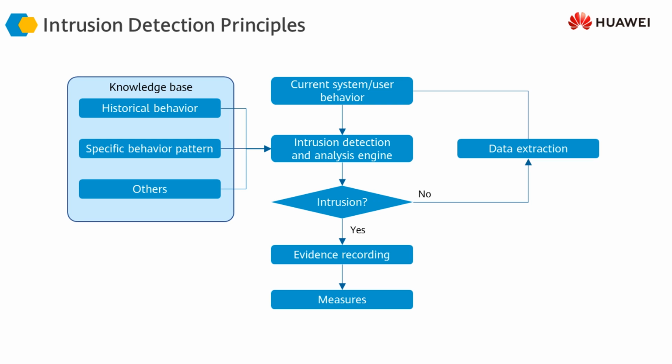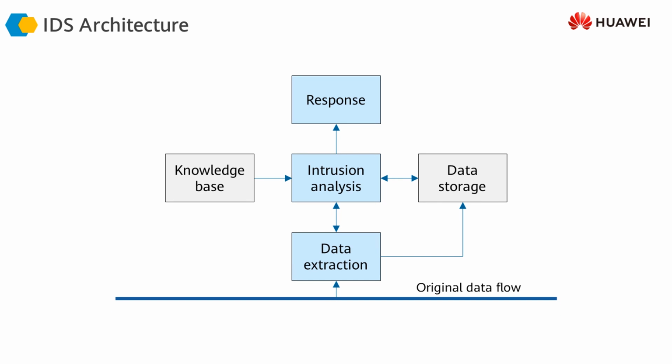If you look at the architecture of an IDS, it's based on the behavior which we saw in the last slide. In this slide, it is based on the intrusion detection principles. In this case, we can see that in the middle is the intrusion intelligence engine.